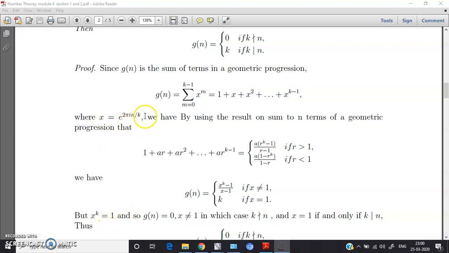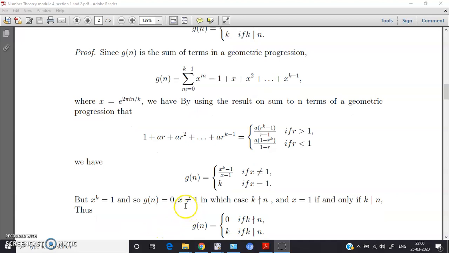So x raised to k is 1, and this term x raised to k minus 1 by x minus 1 becomes 0.